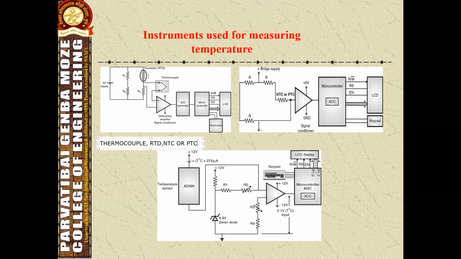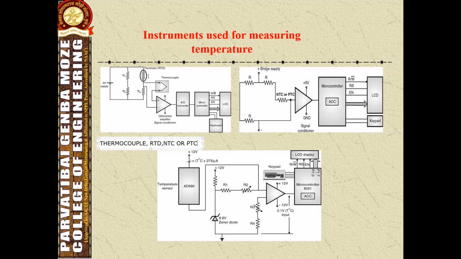Second one is the resistance temperature detector. This means, for example, a platinum resistance temperature detector, whose resistance changes about 0.4 ohm per degree Celsius for 100 ohm at 0 degrees Celsius. The negative temperature coefficient or positive temperature coefficient devices are linearized thermistors.